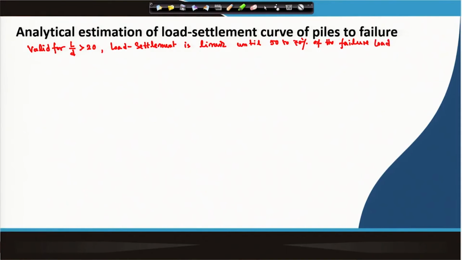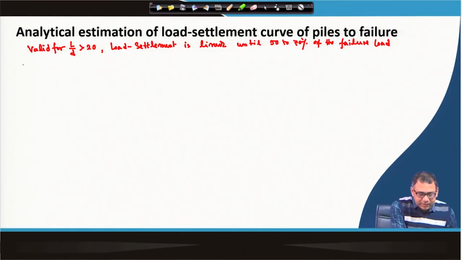So, that means the load settlement behavior is linear up to 50 to 70% of the failure load. After that, it is non-linear. But the actual load settlement behavior is non-linear, here we will represent that load settlement curve by a linear line or lines. Okay. So, let us see.